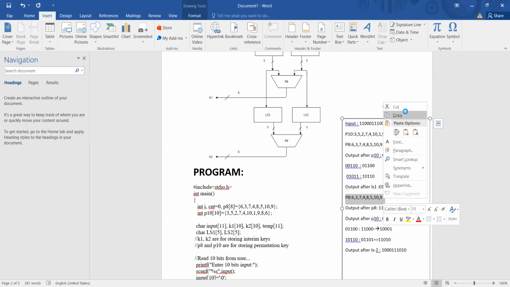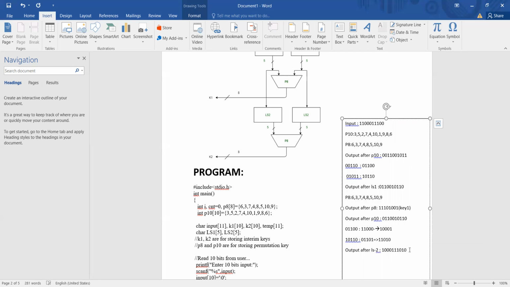Okay, at position 6 we have 1, and at 3 we have 0, at 7 1, at 4 0, at 8 1, sorry 0, at 5 1, at 10 0, at 9 1.